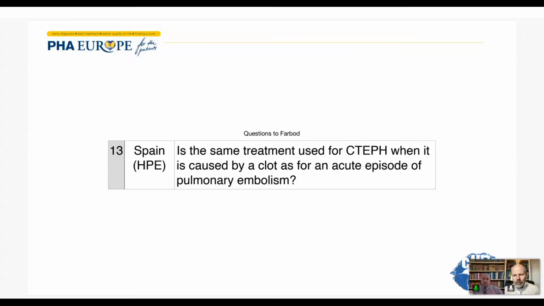You can also open the chest and the pulmonary arteries and take out clot, but that is a much simpler surgery than what is needed for CTEPH because of the way the clot is adherent to the walls of the arteries. So the answer is no. Other than blood thinners, we don't use the same treatments.